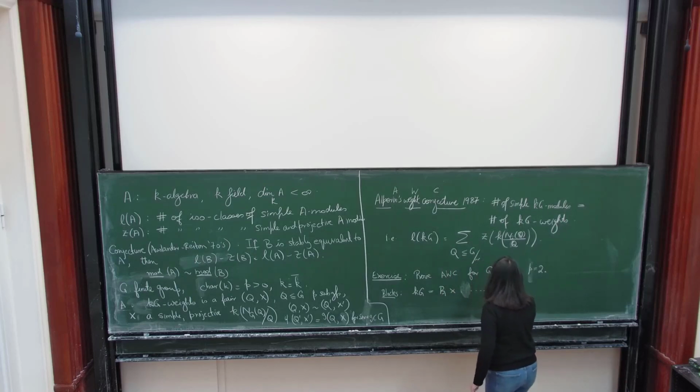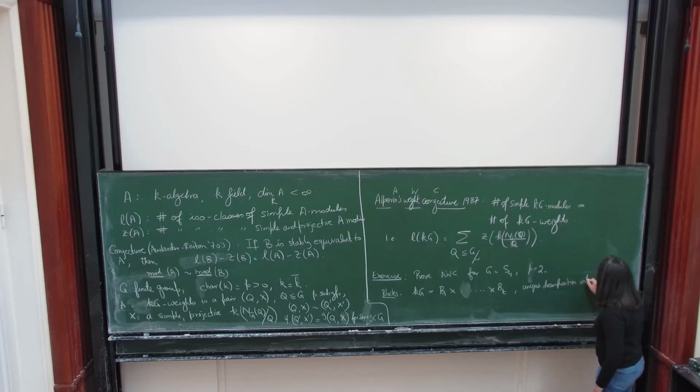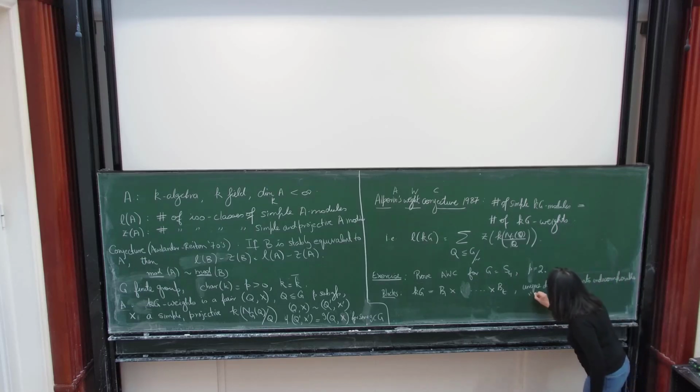You can break it up into its indecomposable factors. These are the blocks, and this is really unique on the nose. Unique decomposition into indecomposable k-algebras. These are the blocks.